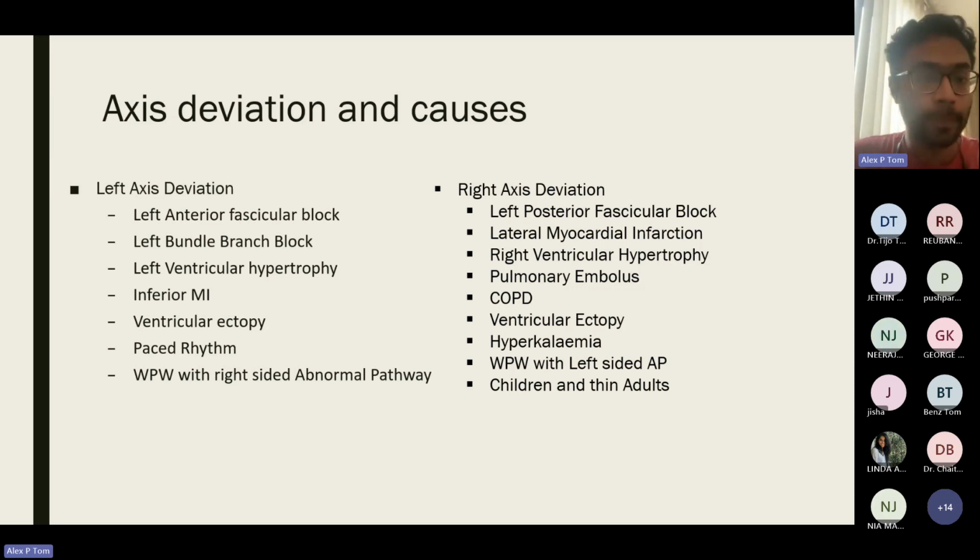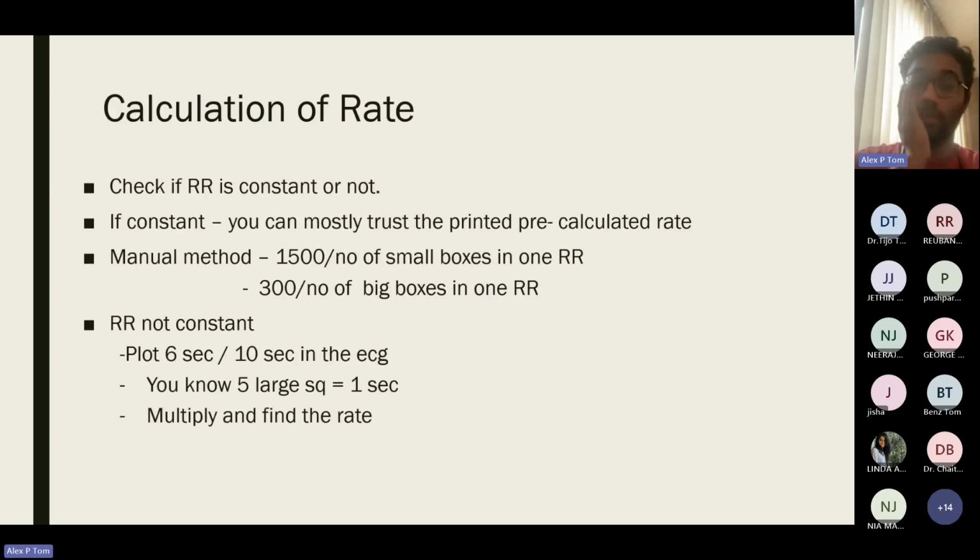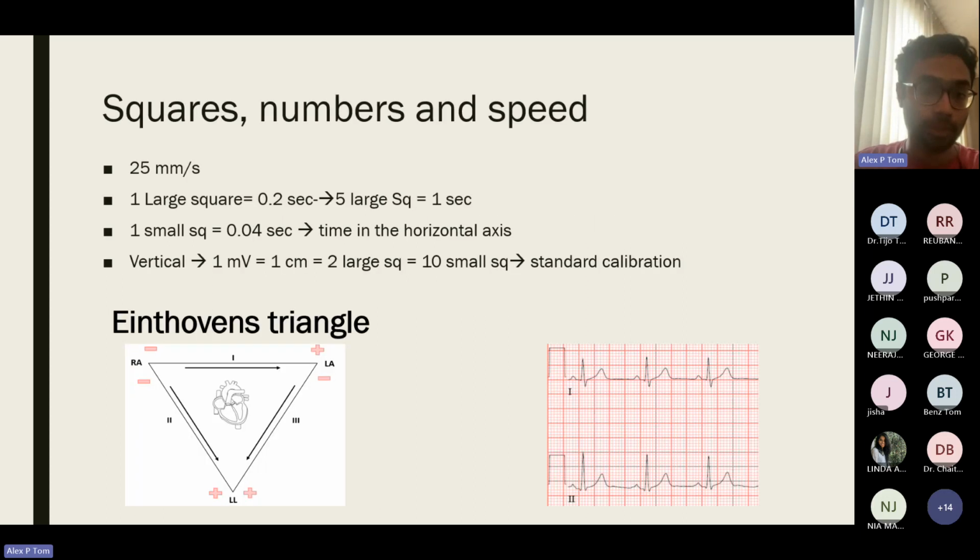So we finished with axis deviation, we finished with calculation of rate, and we finished with the basics of very good recording. We finished with squares, numbers, and speed, and this is basically your calibration.